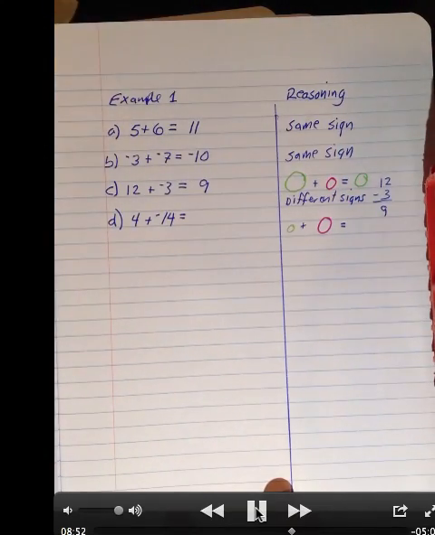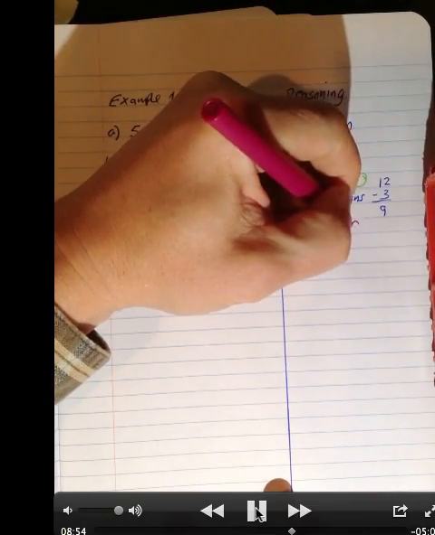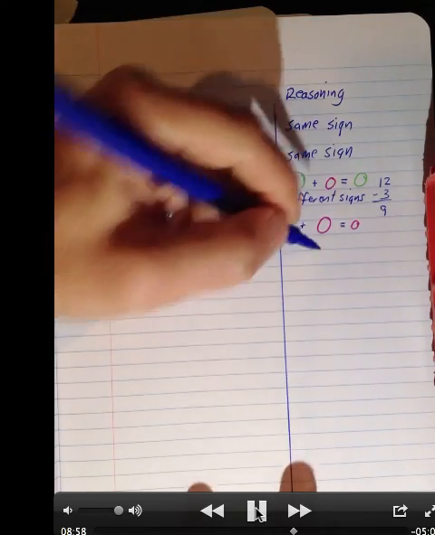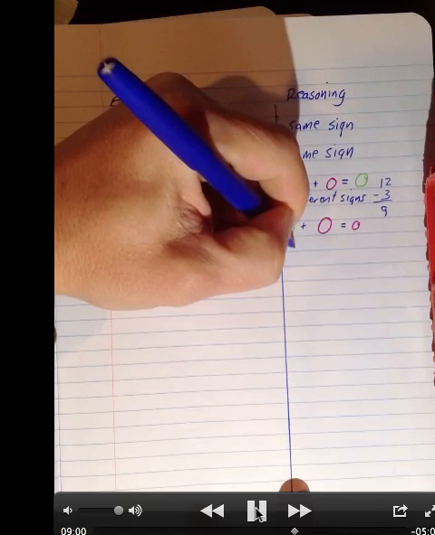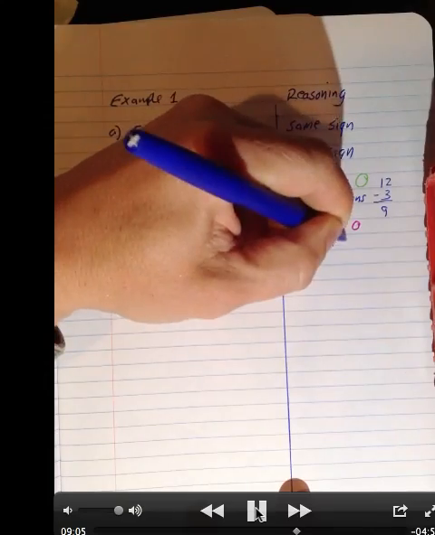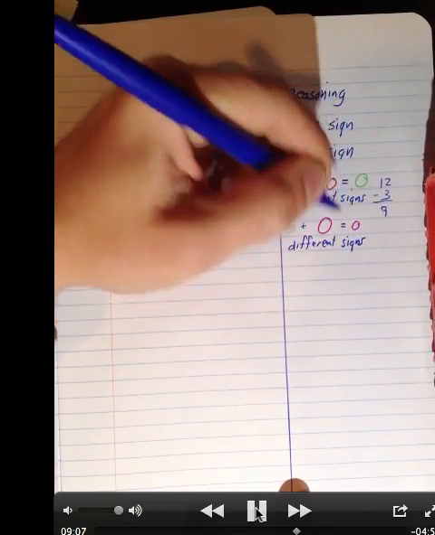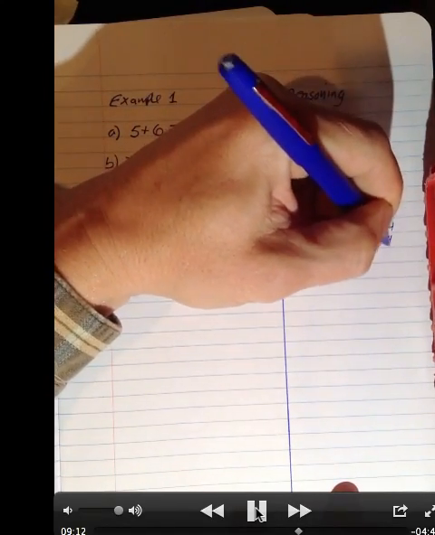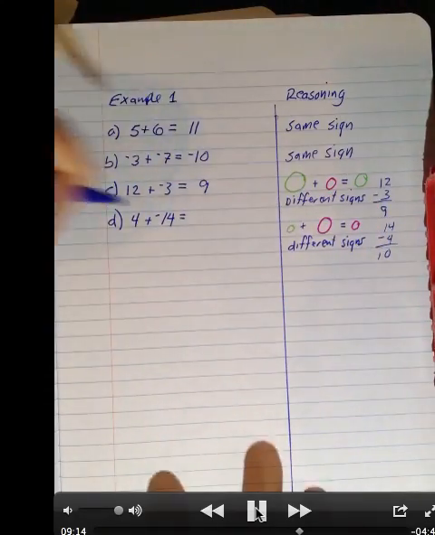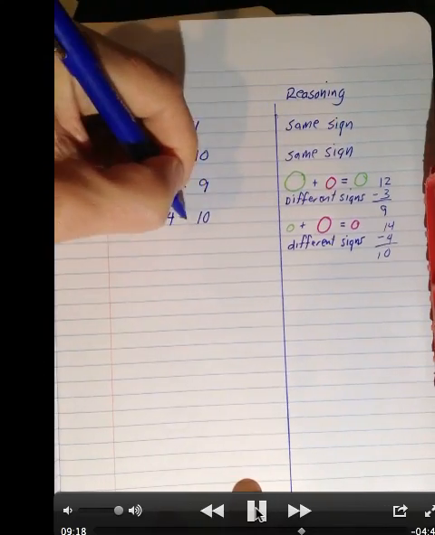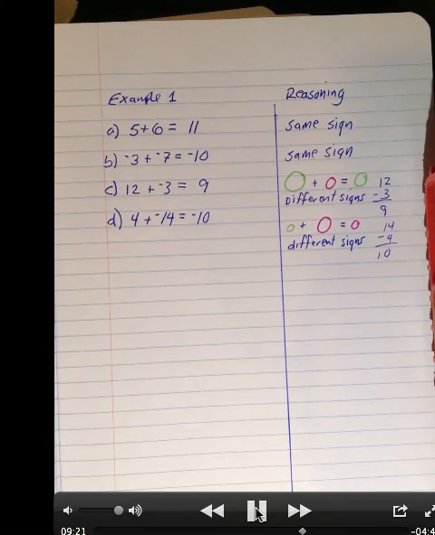So we find the difference, and the answer is going to be negative. 14 minus 4 is 10. And the answer is negative 10. So we check our reasoning to figure out if the answer is going to be positive or negative.